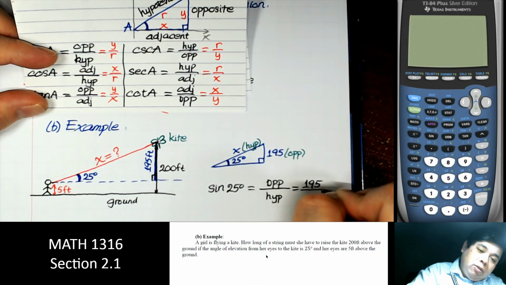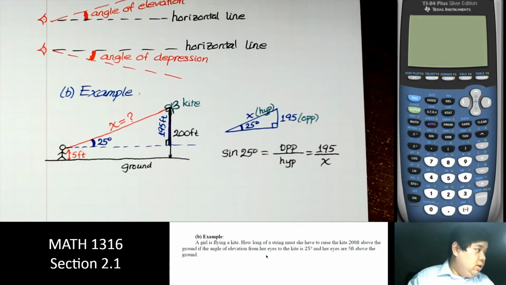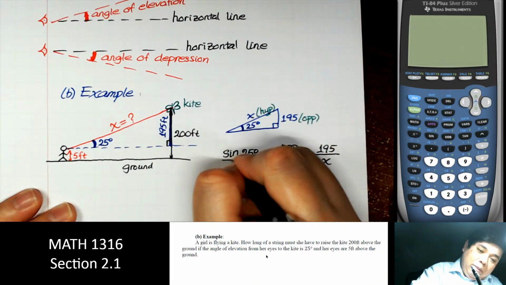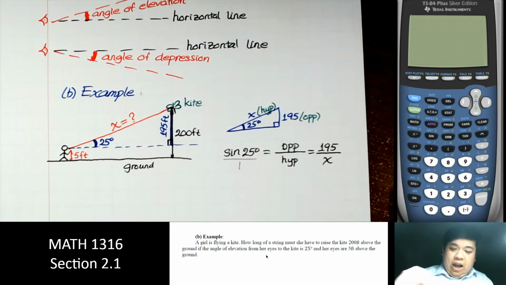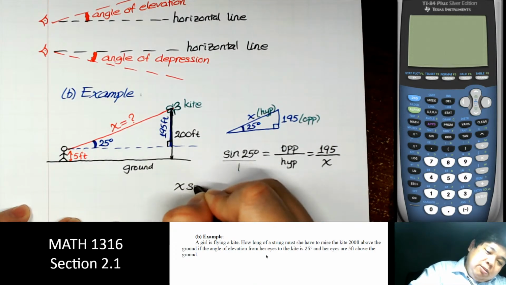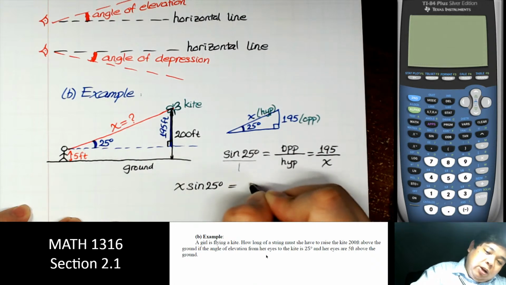Right. I can make the ratio over 1 and cross multiply. So x sine of 25 degrees equals 195.